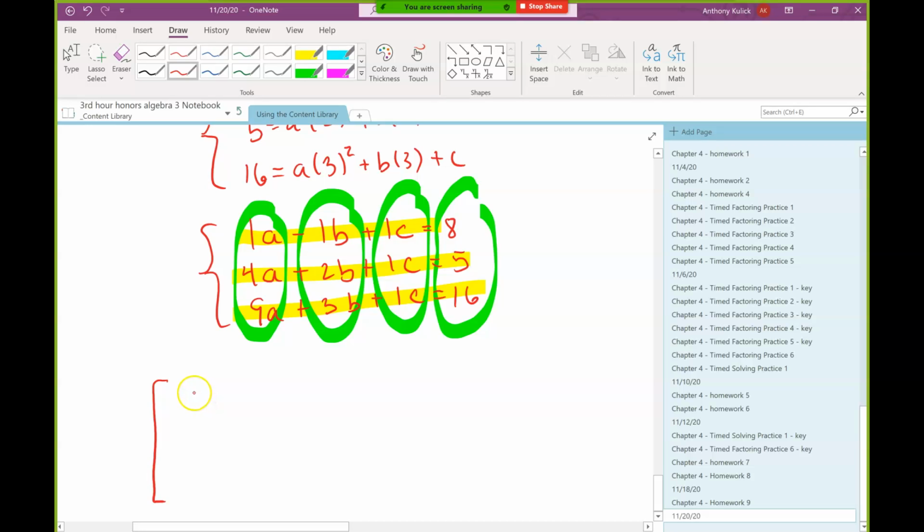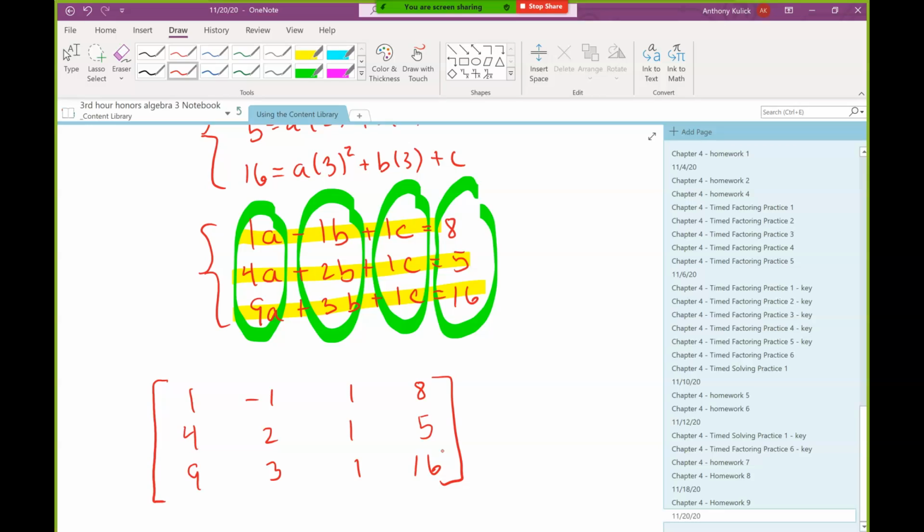And my matrix I'm just going to create by pulling the coefficients from this system. So I'm just taking the coefficients to create this matrix. Any questions on what I did there?